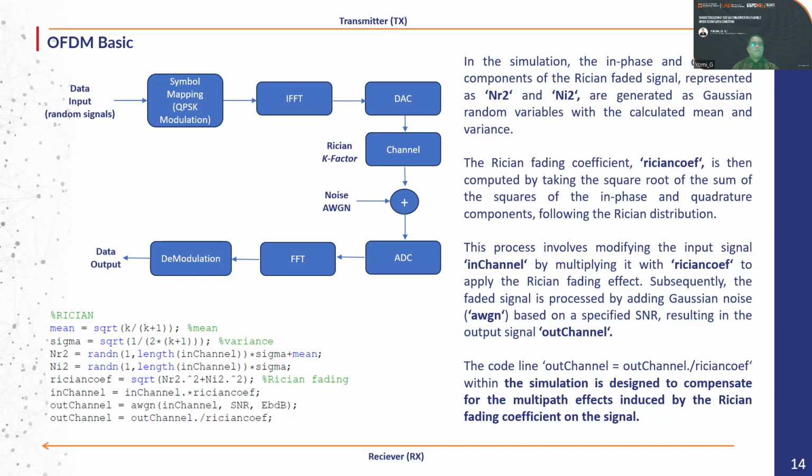This process involves modifying the input signal in the channel by multiplying it with Rician coef to apply the Rician fading effect. Subsequently, the faded signal is further processed by adding Gaussian noise, AWGN, based on the specified SNR, producing the output signal out channel. Undercut out channel is used to compensate for the multipath effect induced by the Rician fading coefficient on the signal.